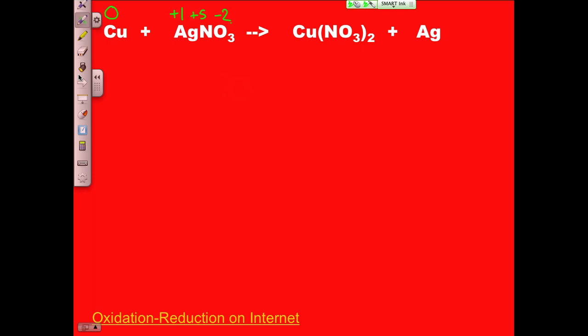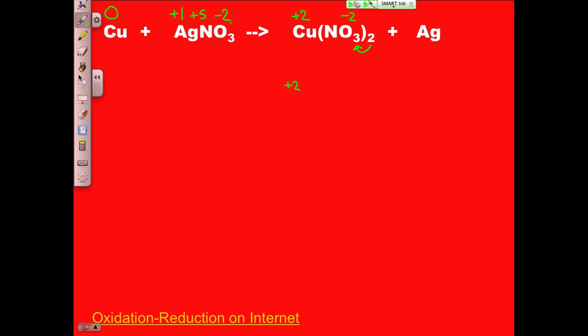Now the oxidation number for copper is going to be +2 because it's its charge. How do I know it's its charge? Because nitrate I know is a -1 and there are 2 of them, so I have to have a 2+ charge for copper. Oxygen is -2. In this case, what's nitrogen? We have 6 oxygens, right?